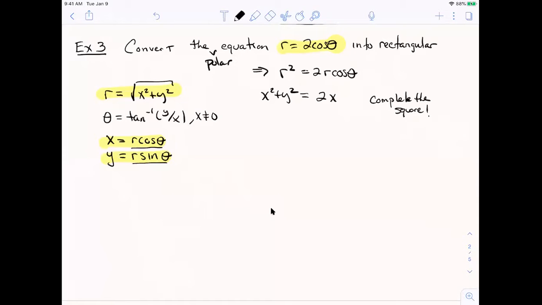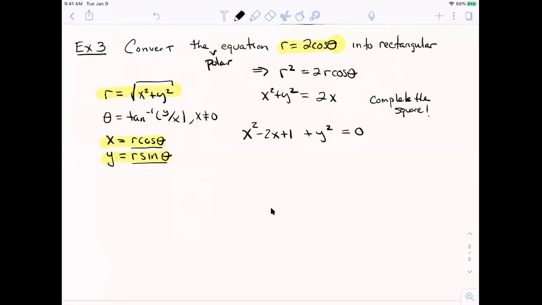All right, so to complete the square, let me do a little bit of algebraic prep here for a second. I take all my x terms on one side. I'm going to leave a little bit of space there. It's already a perfect square in y, so I just subtracted 2x, and then I'm going to add a term to the left-hand side to make that factor as a perfect square, and that term in this case is a 1.